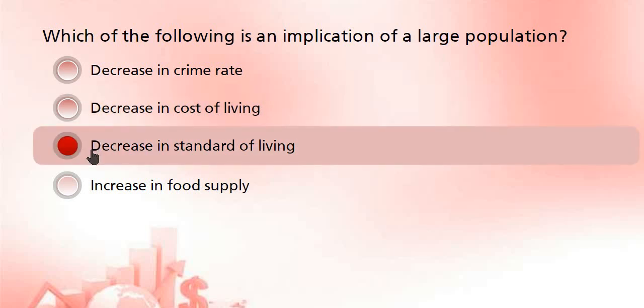So one of the implications of a large population is a decrease in standard of living. This is because standard of living can be measured with the use of per capita income, and the higher the population, the lower the per capita income, other things being equal. That was why I picked that answer.